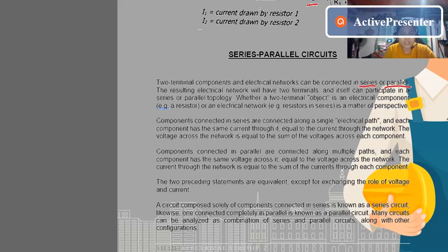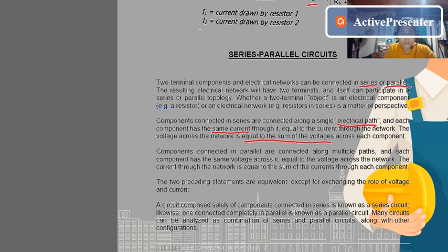So, components connected in series are connected along a single electrical path. So, kabalo na ta ani. And each component has the same current through it, equal to the current through the network. The voltage across the network is equal to the sum of the voltages.